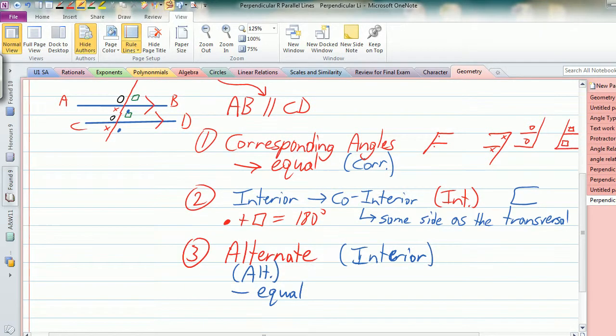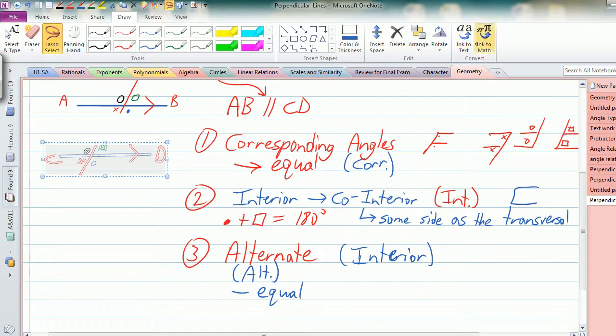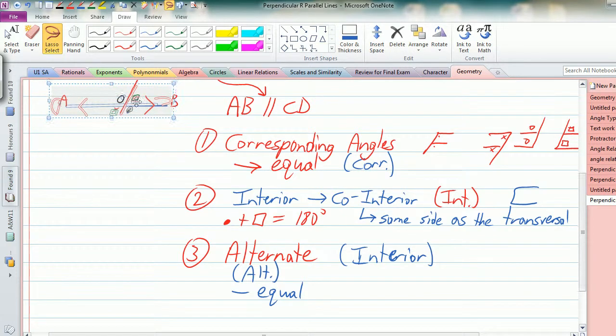So if we grab this once again, and I flip it, so it's completely upside down, you'll see the square down below is going to line up perfectly with the red X. Because it lines up perfectly, they are the same.